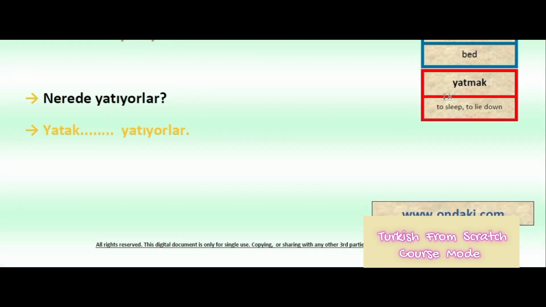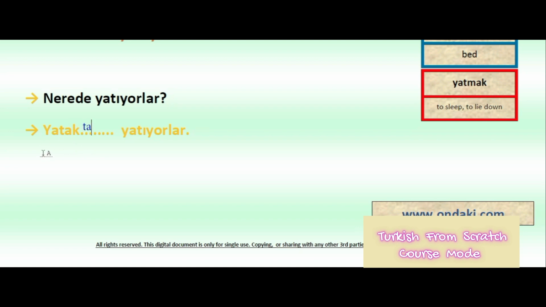lie? Yatmak is also used in the meaning of to go to bed, and sometimes you can see it in the meaning of to sleep. So here it is asking where are they sleeping right now? Where are they sleeping? This person says, "Yatakta yatıyorlar." So they are sleeping on the bed. This question is originally asking like, are they sleeping on the couch or on the ground, etc. Because of it, this person answers "yatakta yatıyorlar."